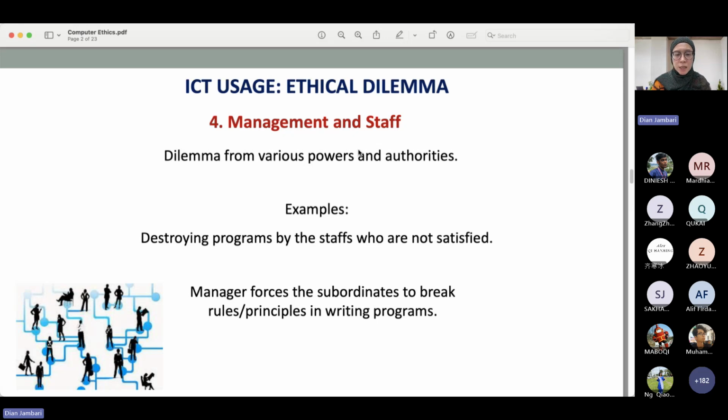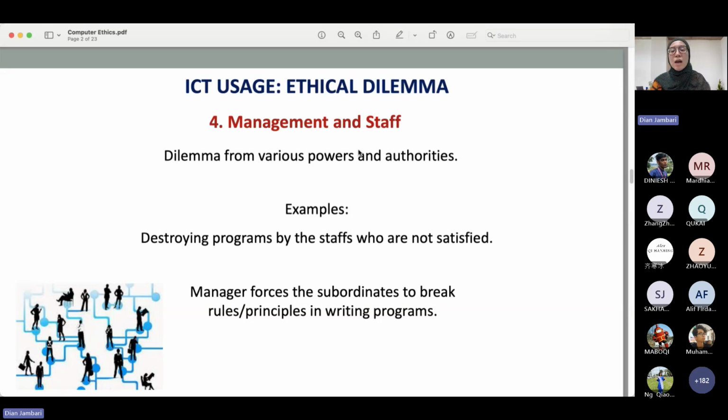Because of that conflict, your colleague has probably destroyed the coding or the programs, because they were not satisfied with something that caused the conflict. So that creates an ethical dilemma, where you mix unprofessional personal conflict into your actions, working as a professional in an organization.